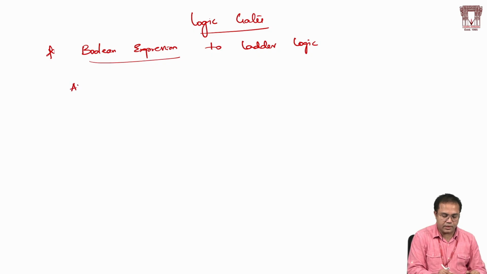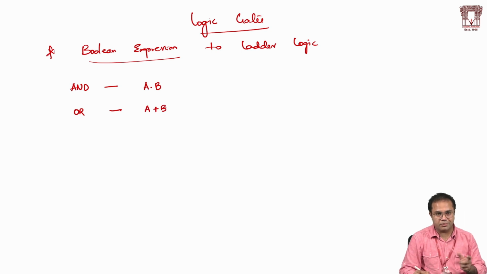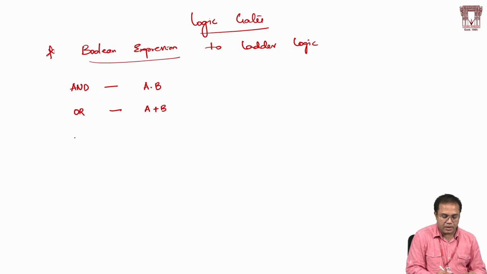So for a 2 input AND gate, the Boolean expression is A dot B, the AND operation between these two literals. Similarly, OR is A plus B, the OR operation between the two literals. NOT is a literal with a complement.